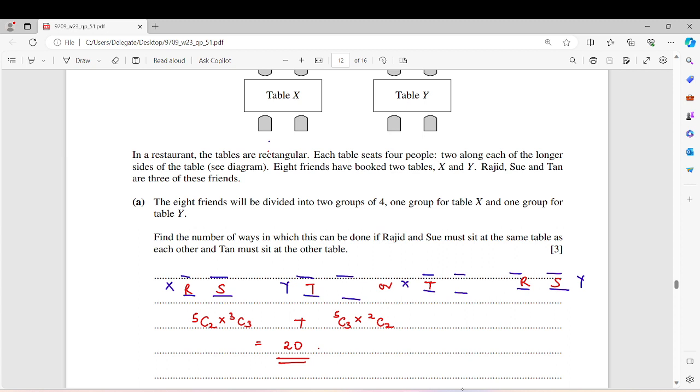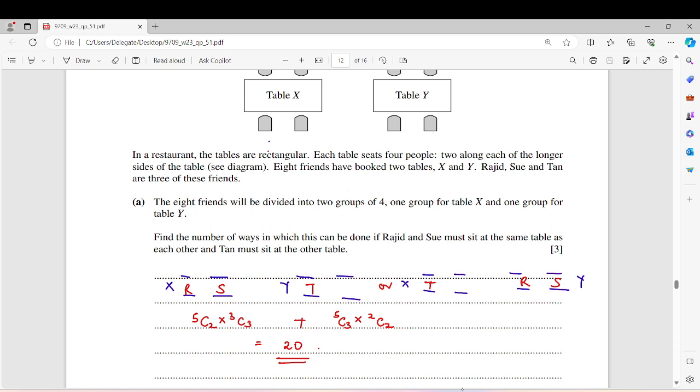From the remaining 5 people, we need to choose 2 to occupy table X, meaning the other 3 will occupy table Y. Or if we have Tan on table X and Sue and Rajid on table Y, out of the 5 we can choose 3 to be on table X, and then the other 2 are left and they go to table Y. That's how we could find the number of ways in which that arrangement can be done.